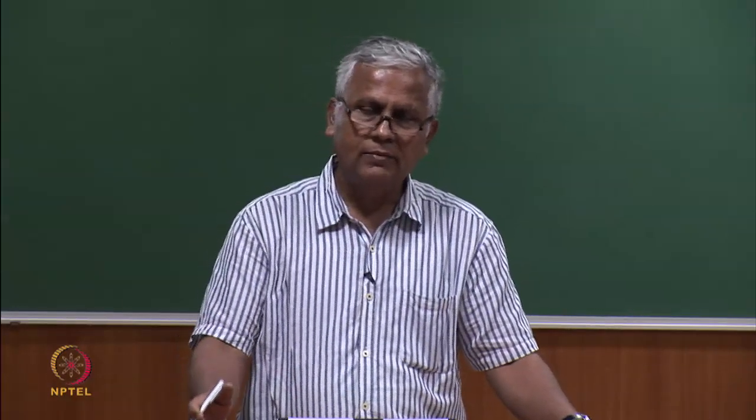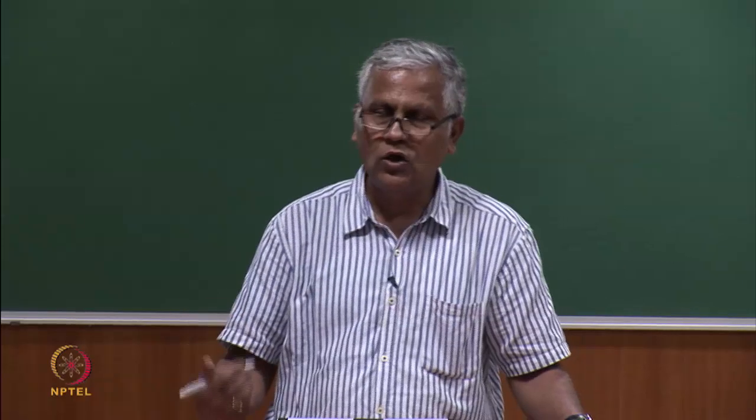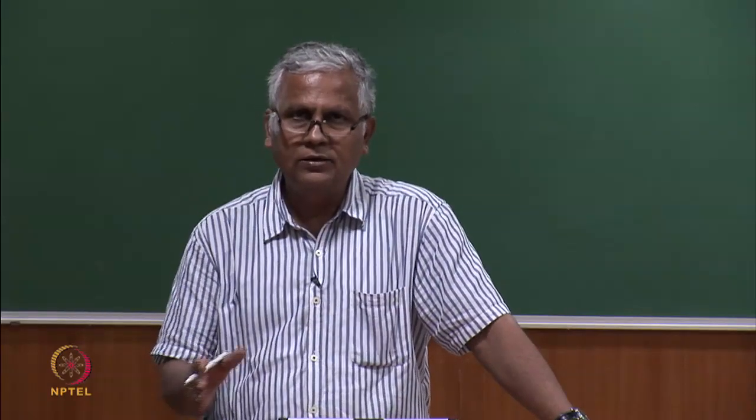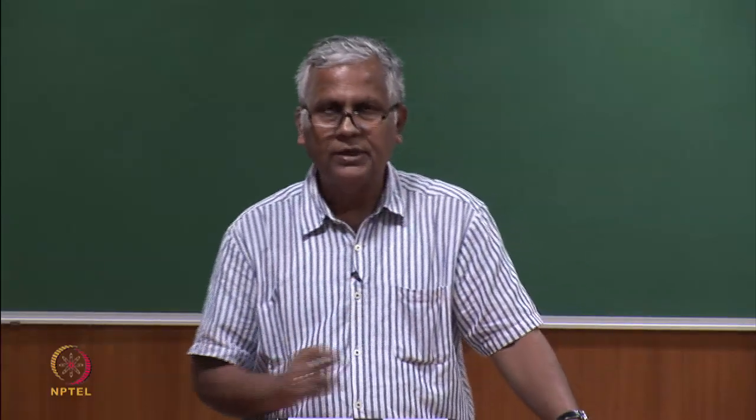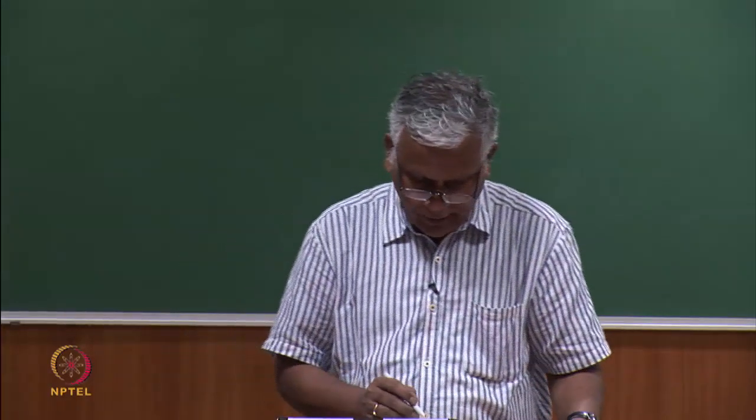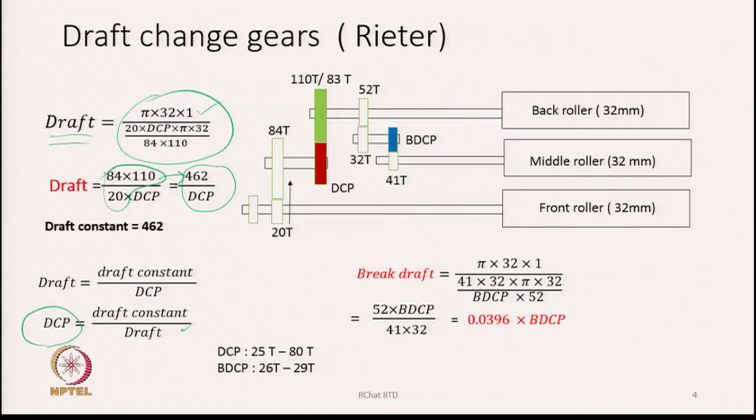So based on the requirement of the roving count and the sliver hank that is available, we can find out how much draft is required, and to get that draft on the machine, we divide the draft constant by the draft that we need, and that gives the number of teeth of the draft change pinion. That is how we find the teeth that we require in the draft change pinion, and that is the gear shown here. And if you look at this gear, you will find this gear is going to change the speed of which rollers?